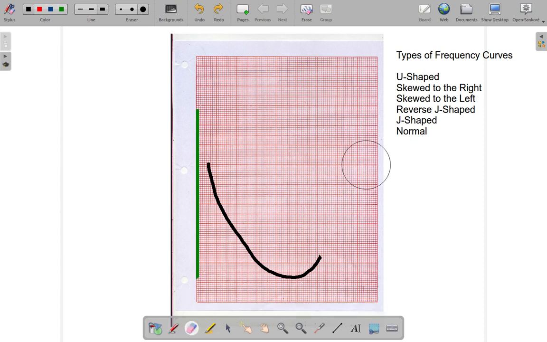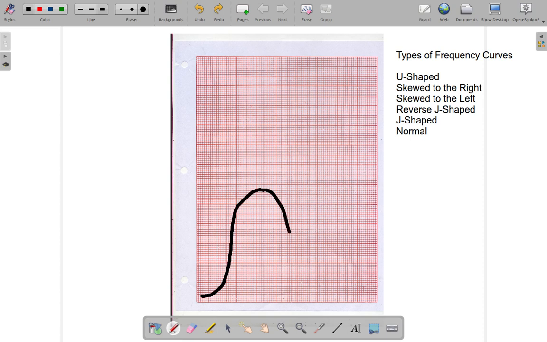You have another one, the skew to the right. Now the skew to the right, generally, might look somewhat like this. Alright?